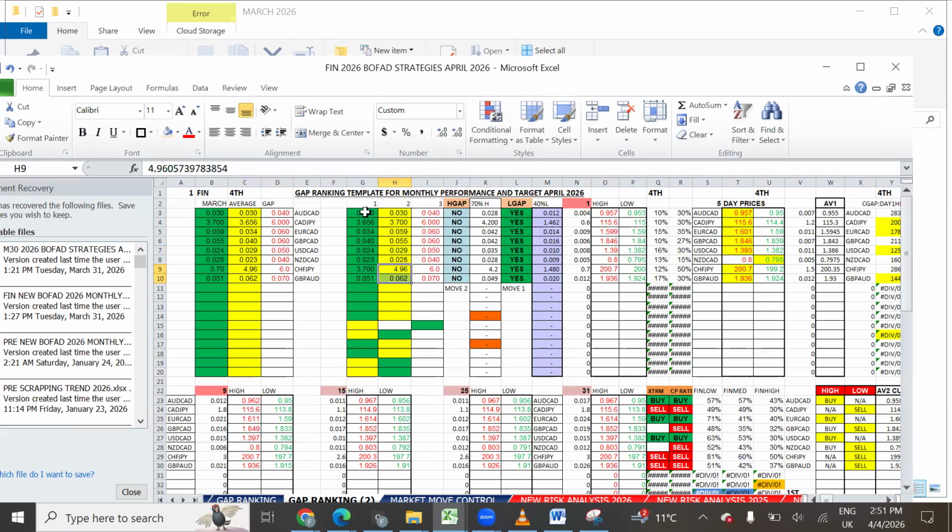So you can see from the lowest to the highest, the hierarchy is perfect. So that's that.